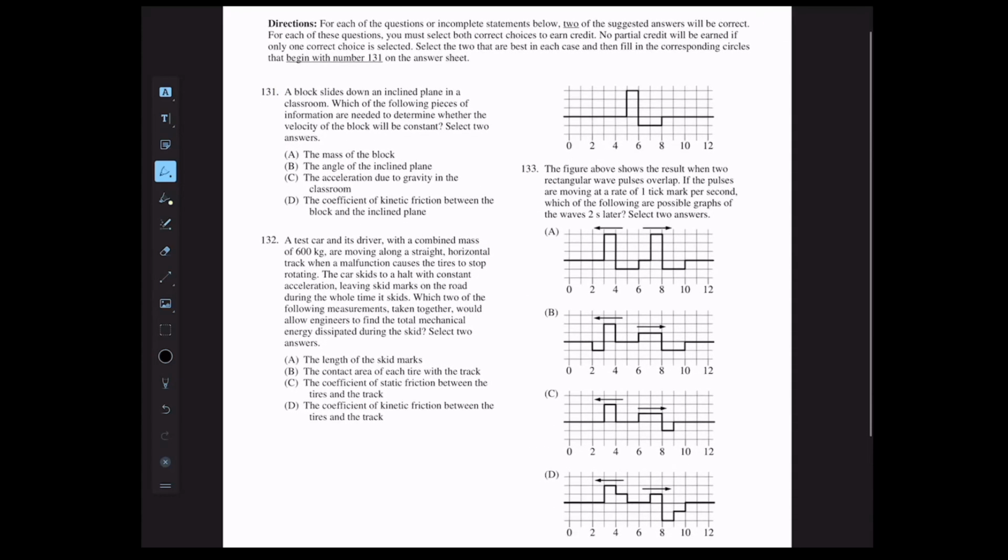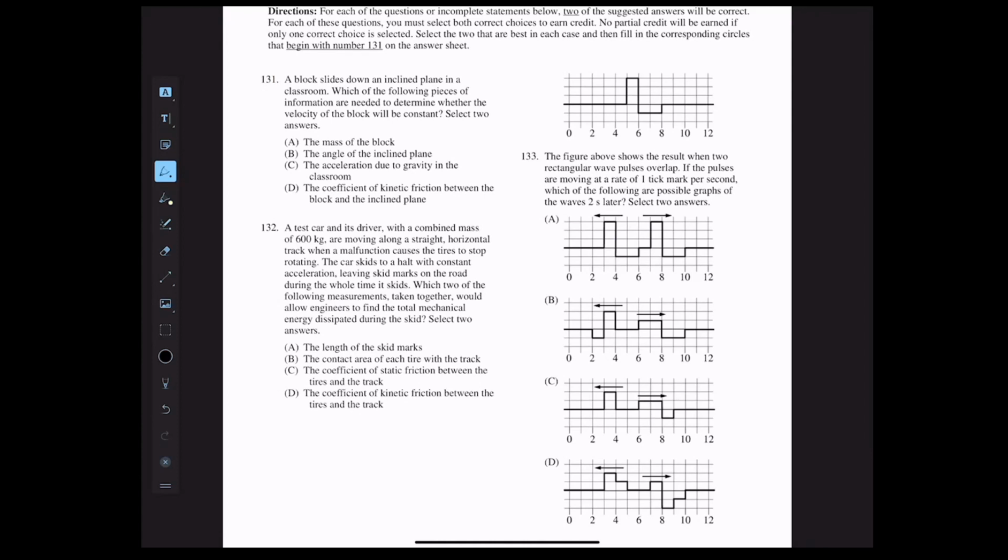Block slides down an inclined plane. Which of the following information is needed to determine whether the velocity is constant? Okay. So we can use Newton's second law to determine if the acceleration of the block is 0.